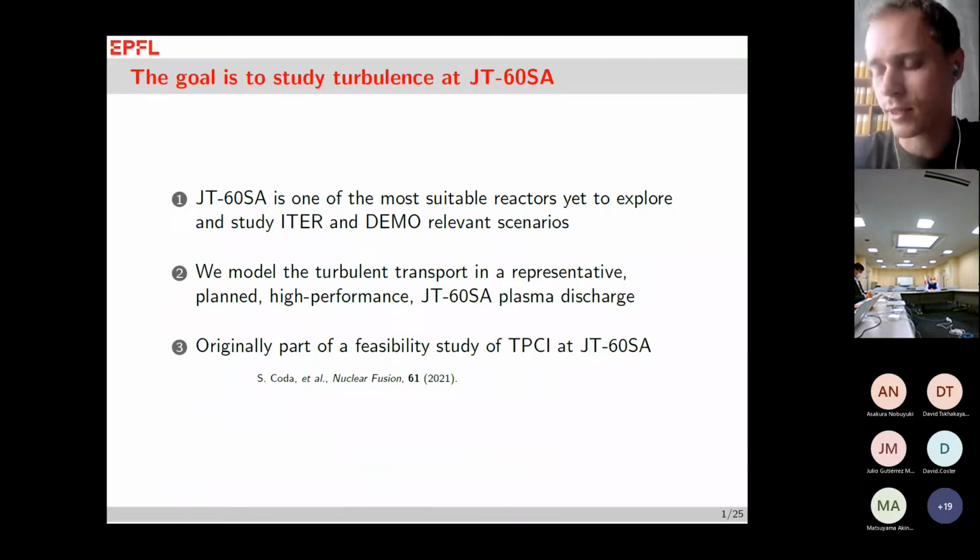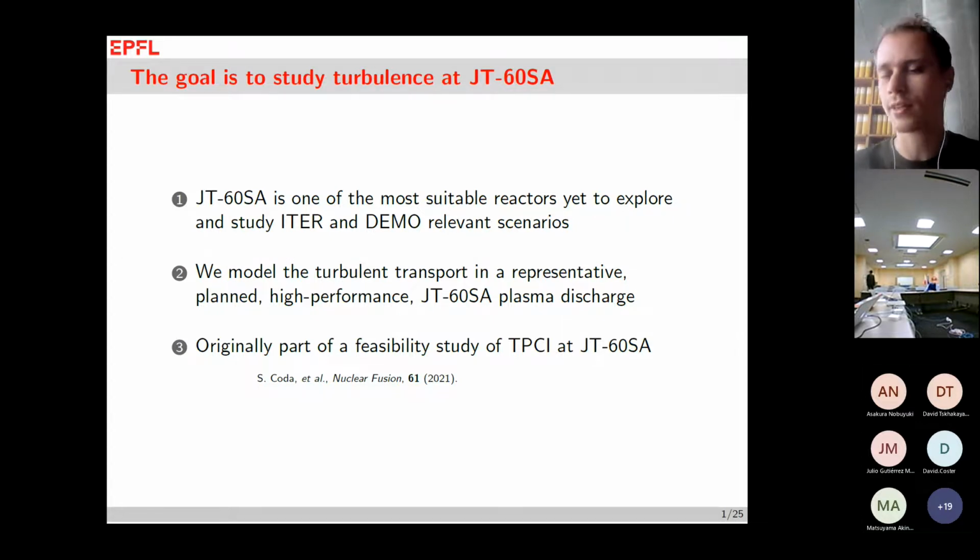Thanks to its large size and high magnetic field, JT6TSA is currently one of the most suitable reactors to study ITER, demo, and reactor-relevant regimes. This includes studying the effect of microinstabilities that lead to anomalous transport, which greatly limits reactor performance. In this project, the goal is to predict what the turbulence will be in JT6TSA.